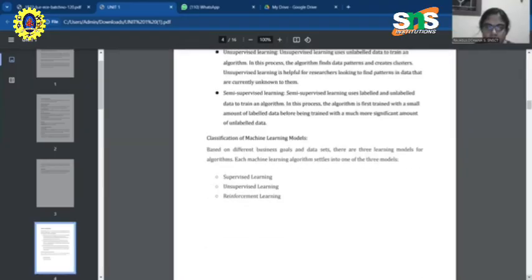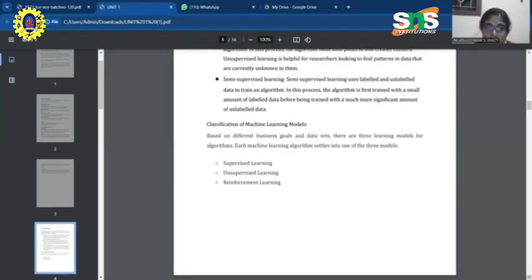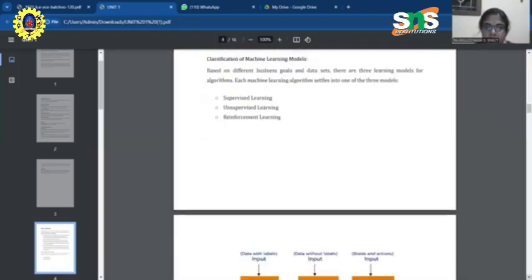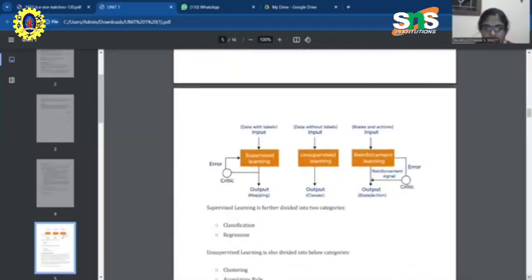So the classification of machine learning models, as I said, there are three classifications: supervised, unsupervised, and reinforcement learning. Now look at this diagram. In case of supervised learning, it takes input data with labels, as in data set with the label as input, and it produces a mapping.